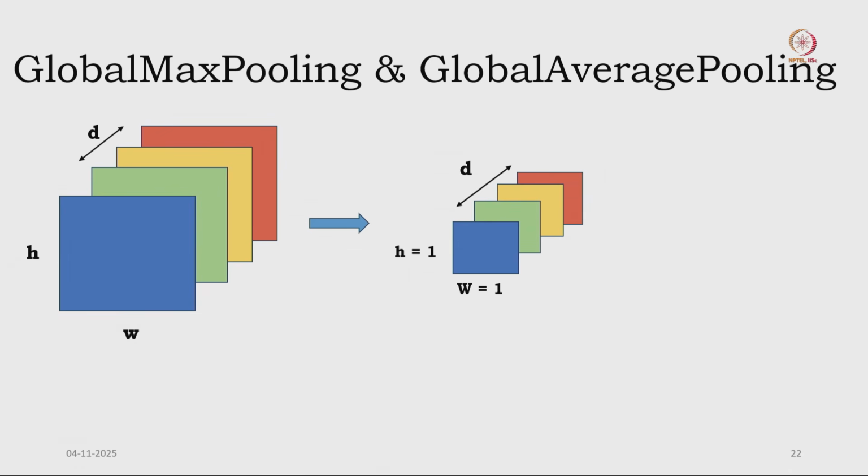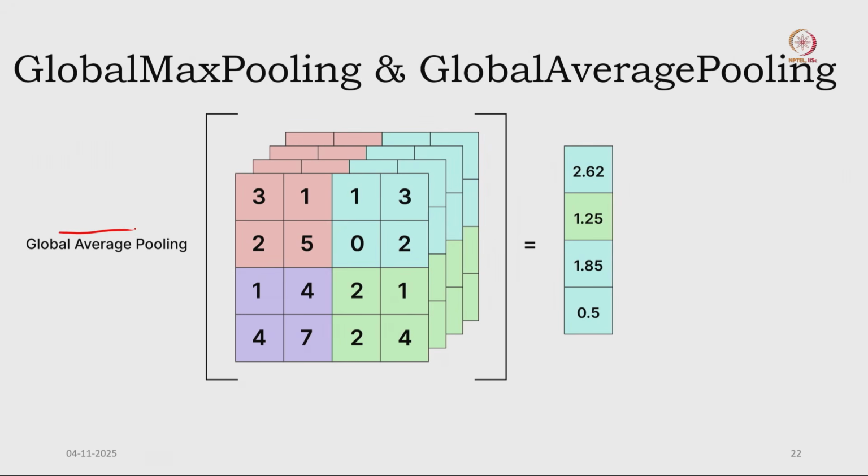Now, there will be some values here. However, we have an example. If you consider global average pooling, it will convert it into only one value. For example, let us assume this is the output of pooling with the first kernel, second kernel, third kernel, fourth kernel. This is just an example, there are some values here.